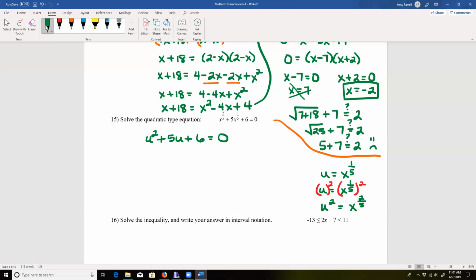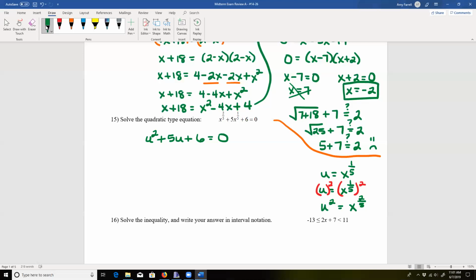So that's good. If I define u to be x to the 1/5, then it is an equivalent substitution to put u squared in place of the x to the 2/5.